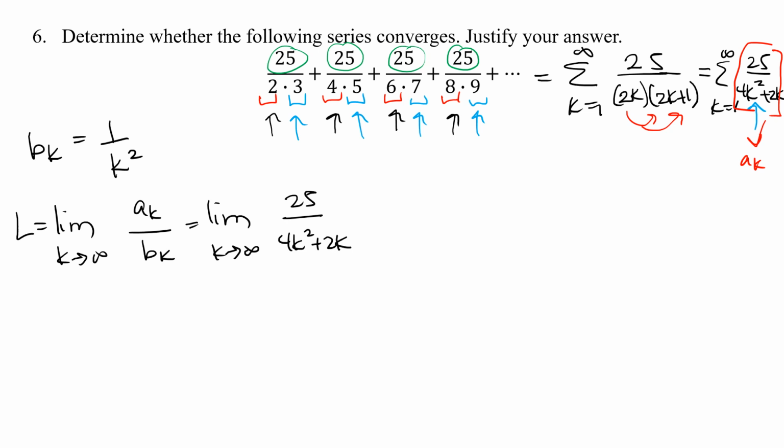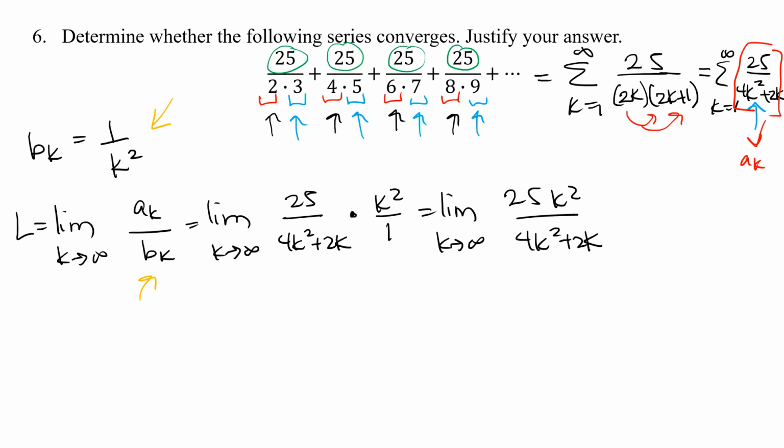And then we would divide by our b sub k, which is a fraction, so how about we multiply by the reciprocal of that? All right, so if we multiply straight across, we get 25k squared over 4k squared plus 2k.